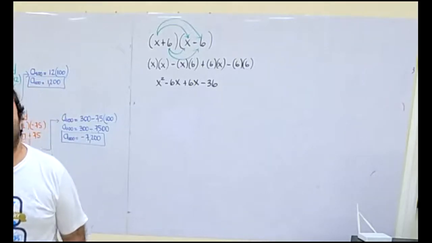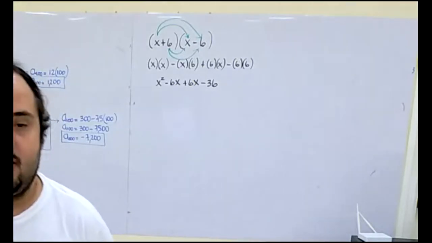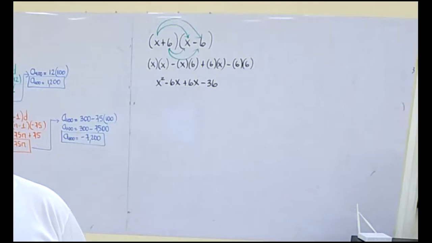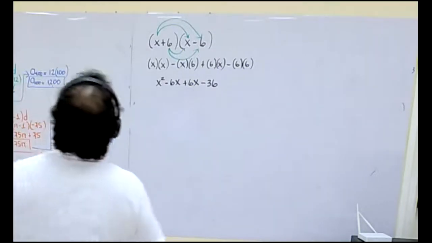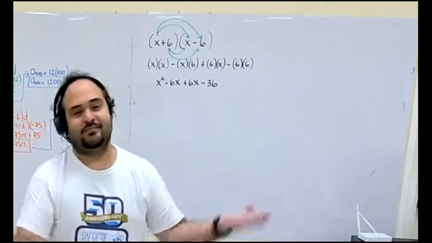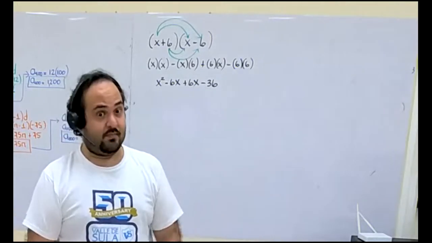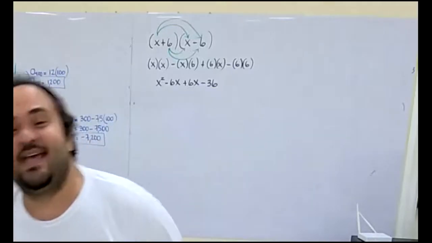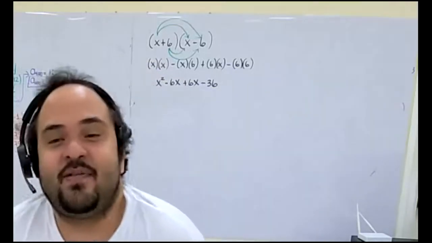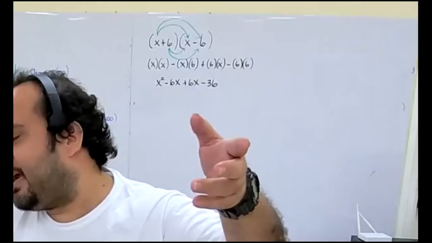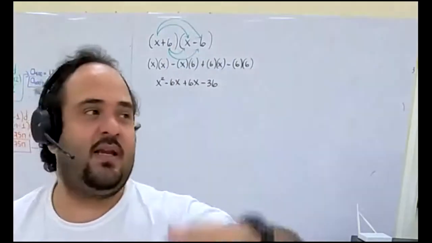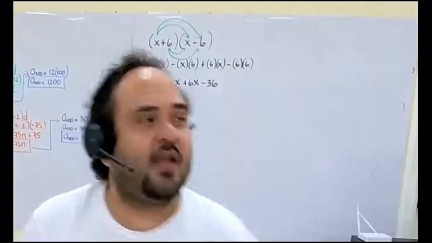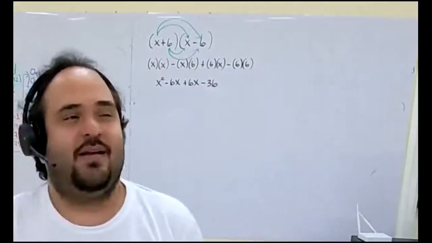So I have a question for you. Do we have like terms over here? Yes, the middle one, right? So negative 6x plus 6x. 12x? Are you sure? You said minus. If you have 6 apples, and I eat all of them, how many apples do we have? 0.